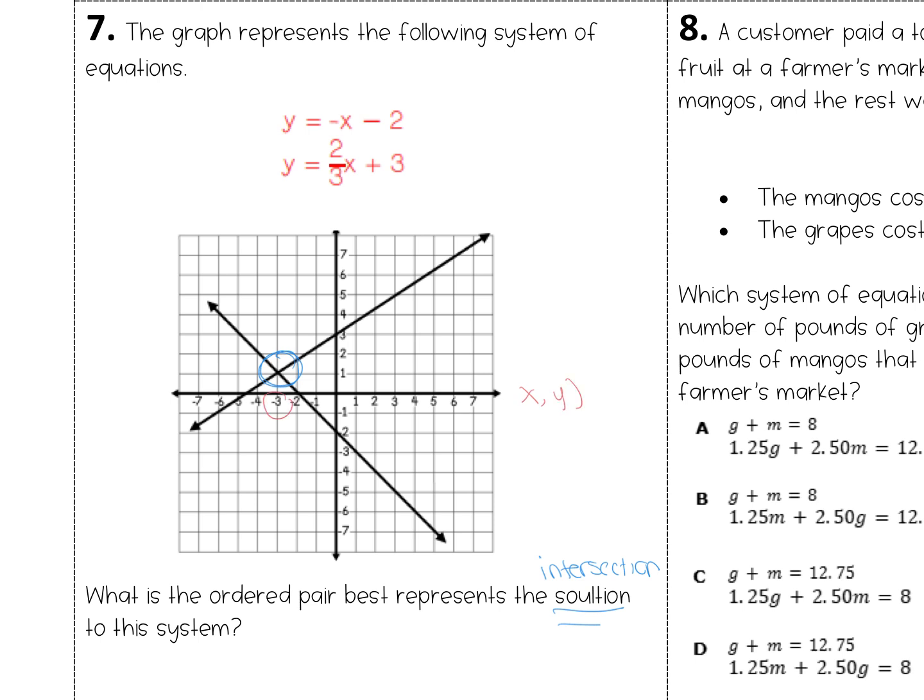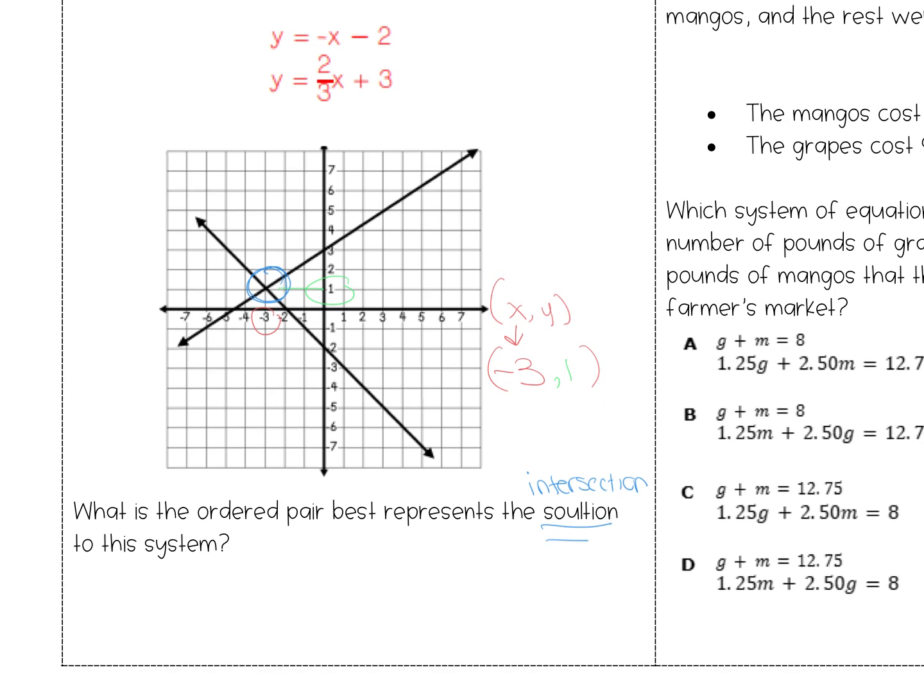So my x is -3. And my y value is 1. And make sure you put your parentheses. So the ordered pair is my solution is (-3, 1).